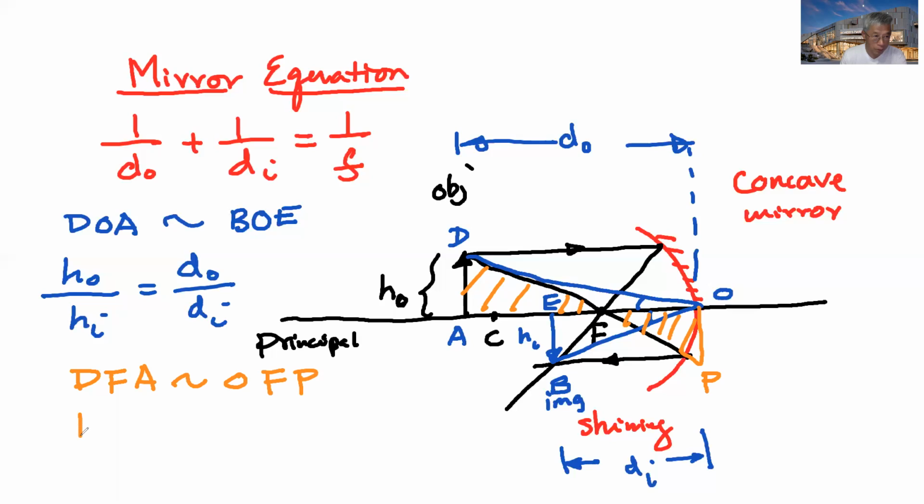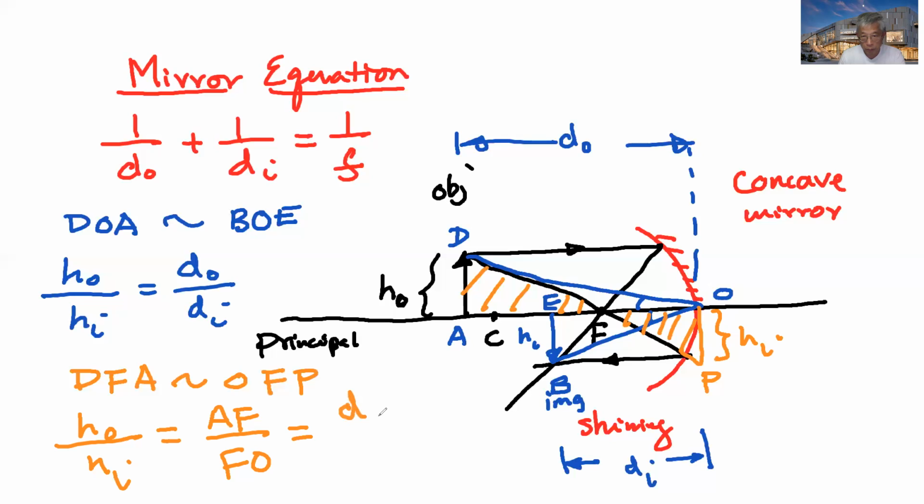So then HO to HI, this side to this one here, is equal to AF to FO. Then AF is equal to dO minus F, and FO is equal to F.